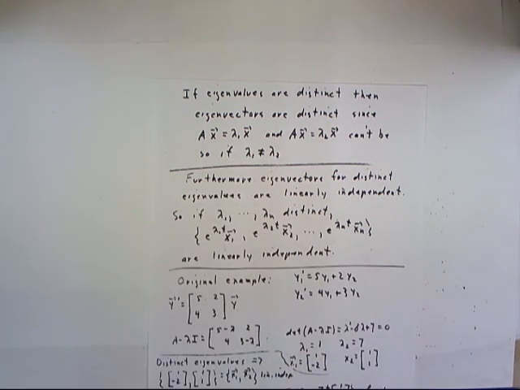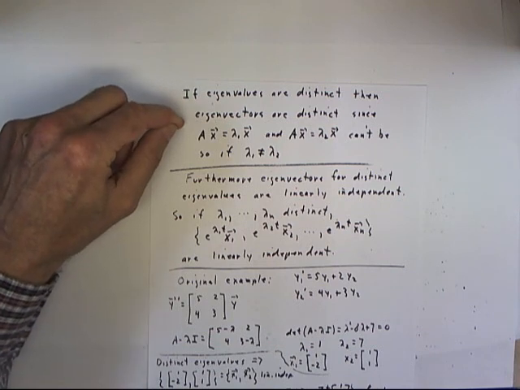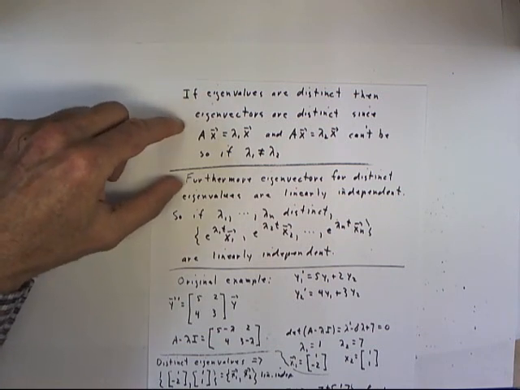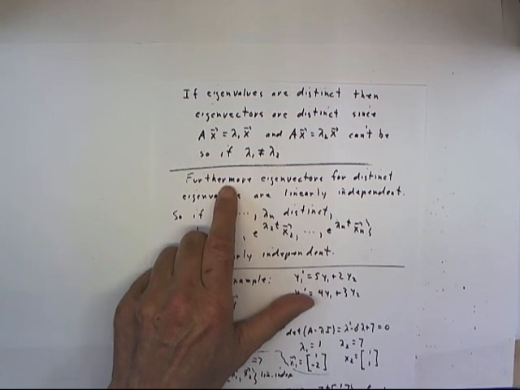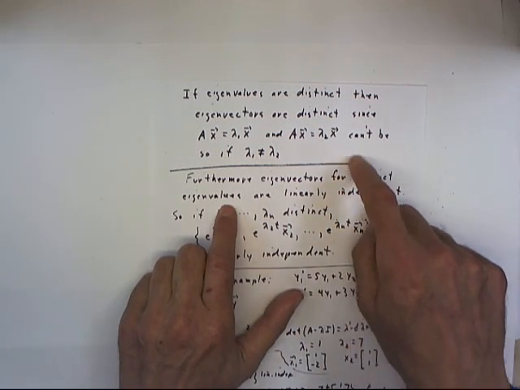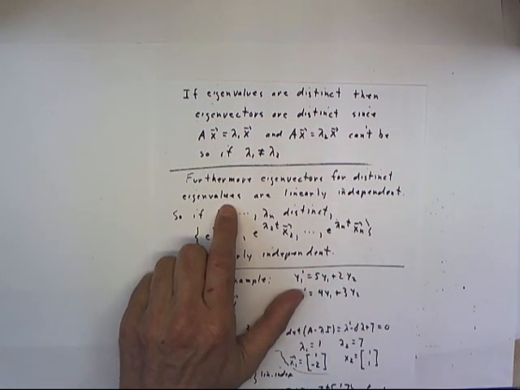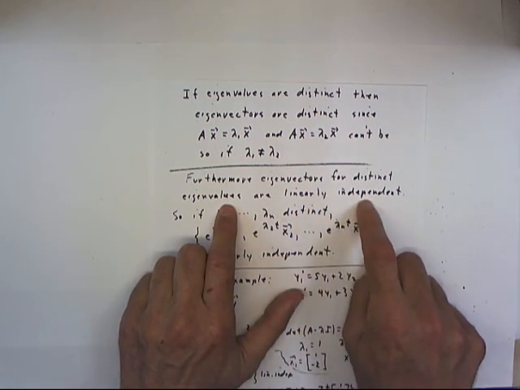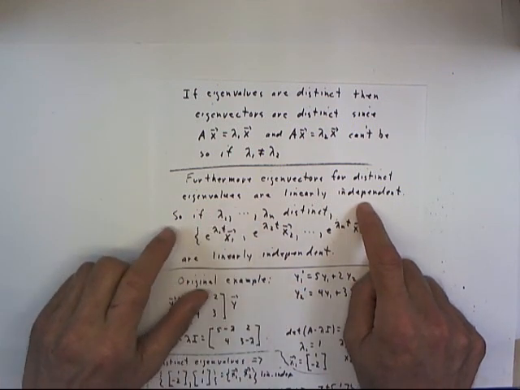Now, where does this get us? Well, the eigenvectors are distinct. And the eigenvectors for distinct eigenvalues are not only never equal to one another, but it turns out they are linearly independent. It takes a little more work to prove that, but it's not difficult.